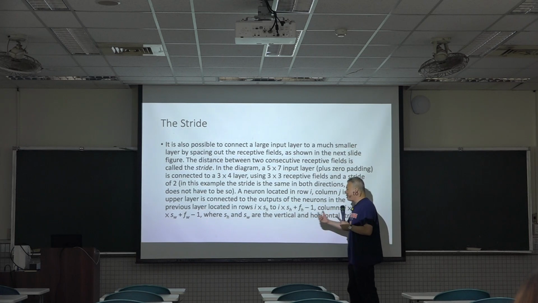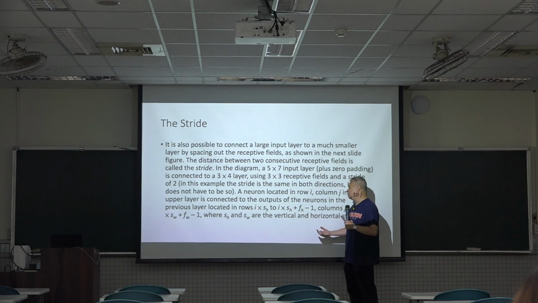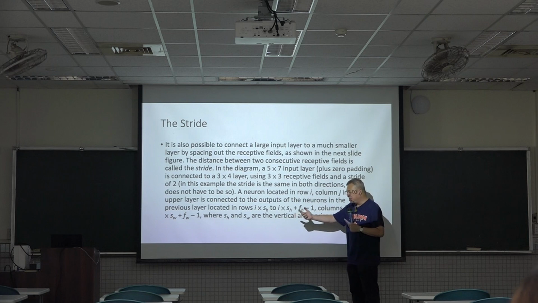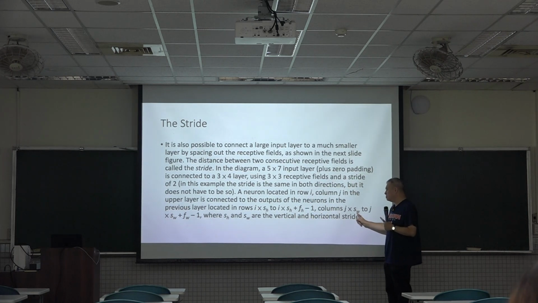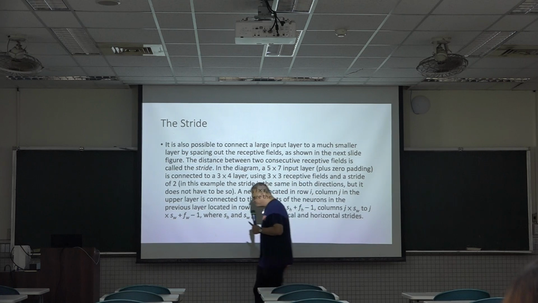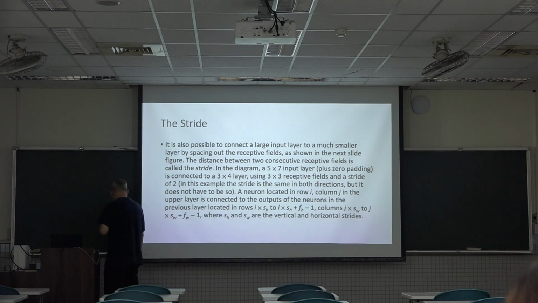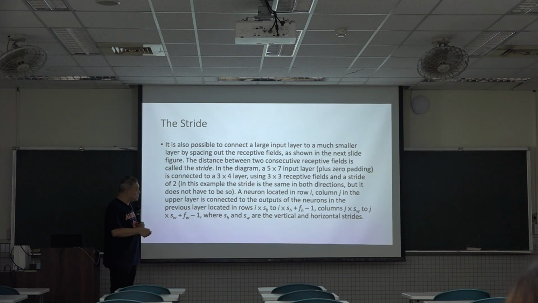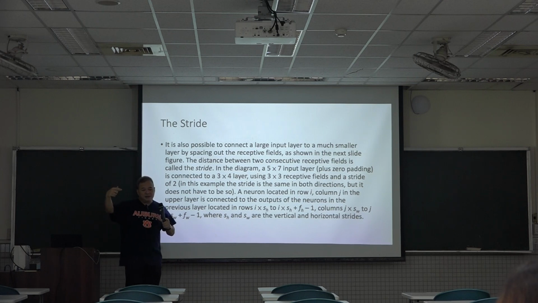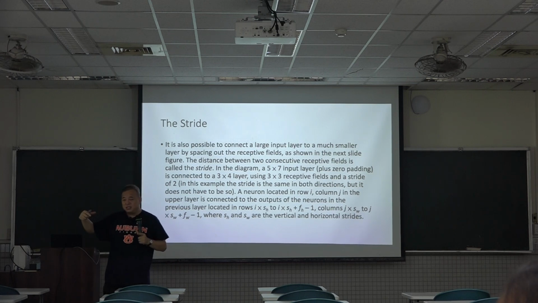So the width and the height of the receptive field is still FH and FW, but now because each time you move SW, you have to move a little bit further. So you can see that in order for one neuron to find out its own connection to the lower layer, using this rectangle way, it's much easier to compute, right?